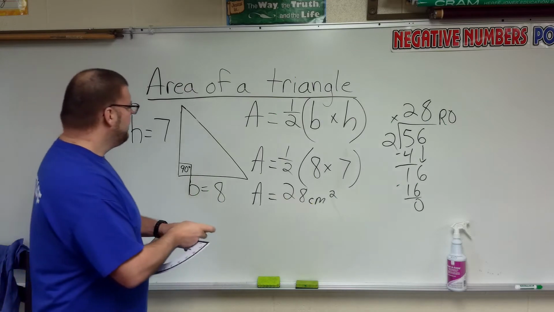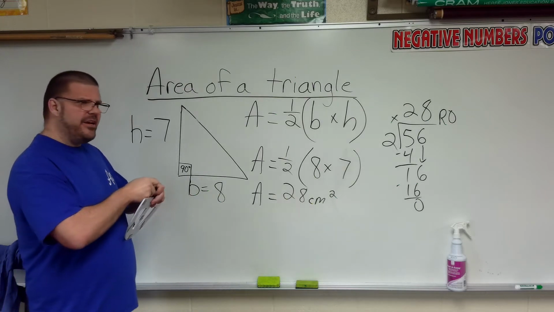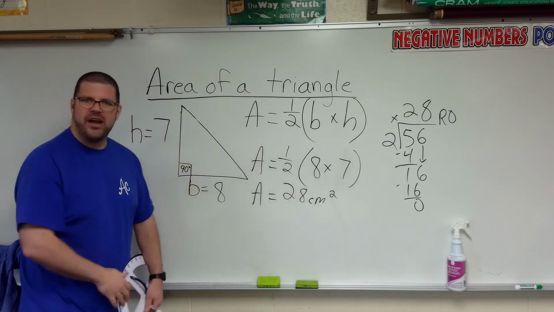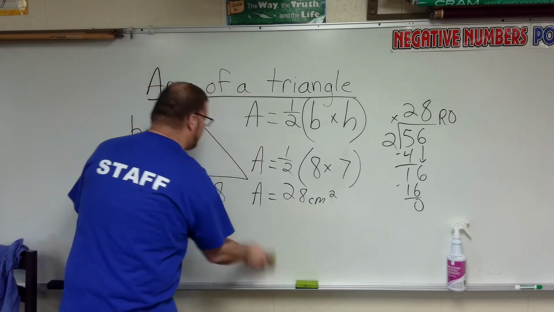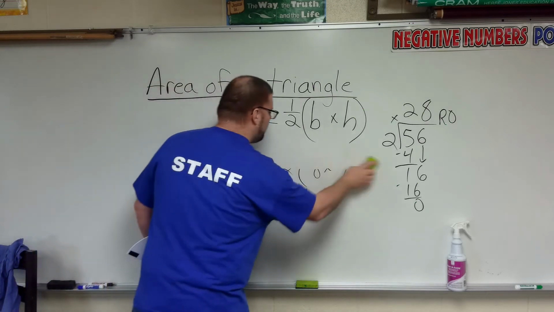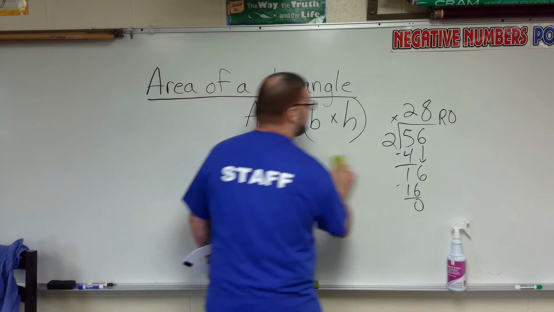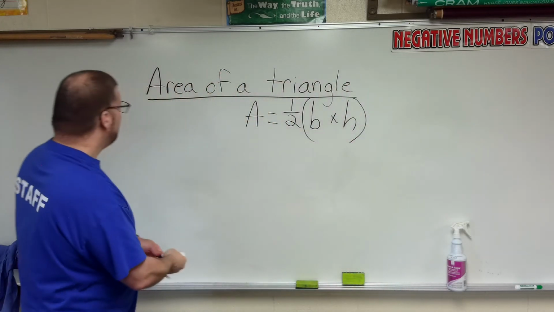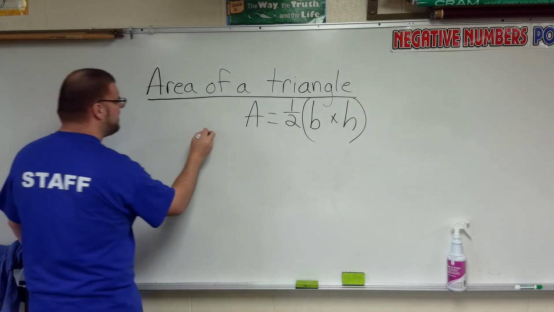Okay? Now I hope this one's starting to make a little bit of sense. Sometimes you just have your base times your height. Okay? But not every triangle is going to be like that. Let's look at a triangle that's a little different. Let me clear my board. Let's say we have a triangle like this.